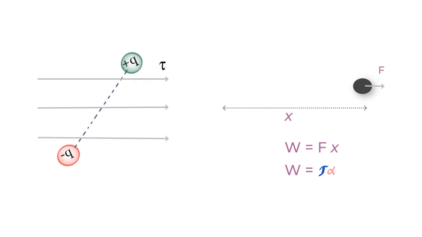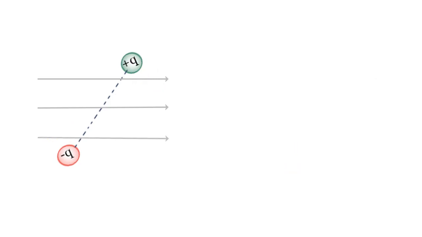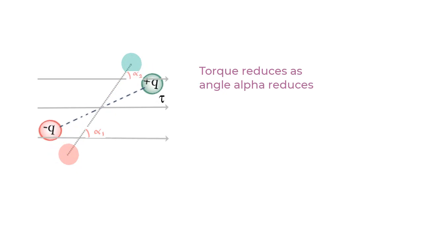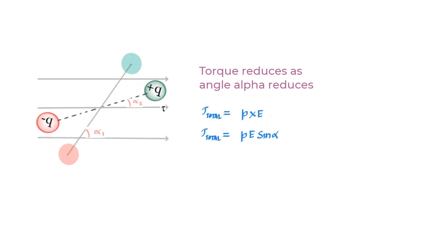Well, things are not as simple here, since we can see that the torque is changing every moment as the dipole turns from position alpha 1 to alpha 2. And you know that torque is changing because the magnitude of the torque depends on the angle alpha that itself is changing every moment.